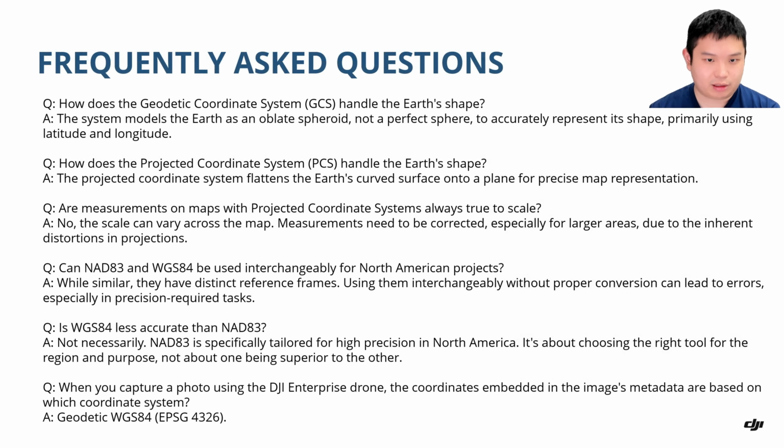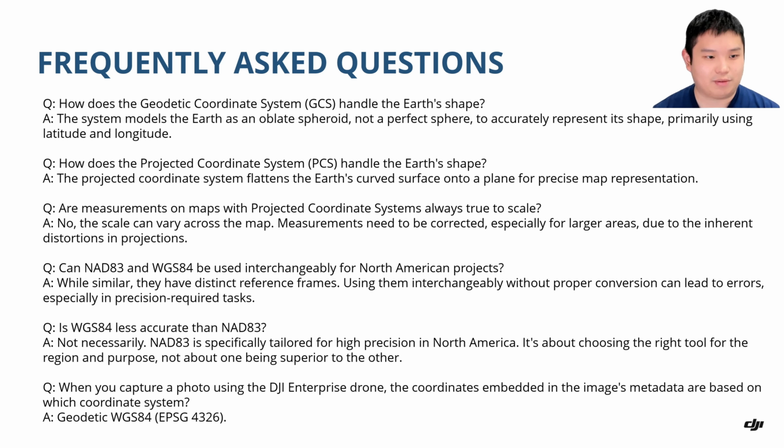At the very end of this episode, I'd like to spend a few minutes talking about some frequently asked questions related to horizontal coordinate systems. The first question is, how does the geodetic coordinate system, GCS, handle the Earth's shape? The answer is it uses an ellipsoid model to interpret the Earth, and by knowing the origin point of that ellipsoid shape and the coordinate, which is longitude, latitude, you'll be able to locate the target anywhere on the Earth.